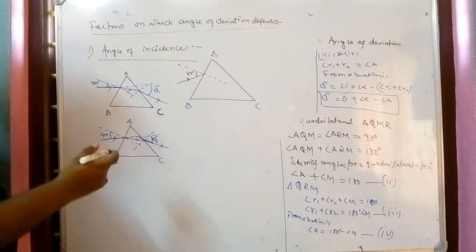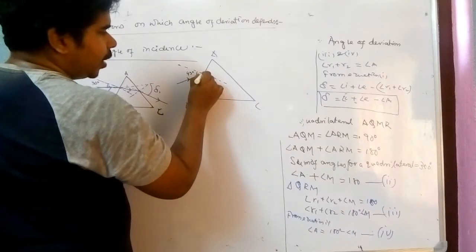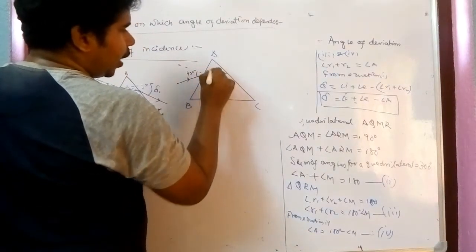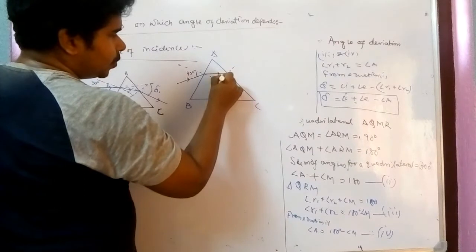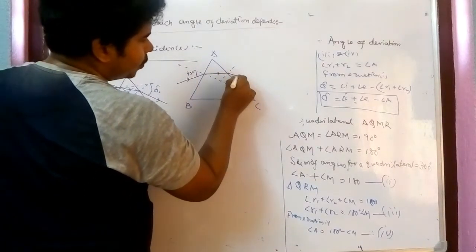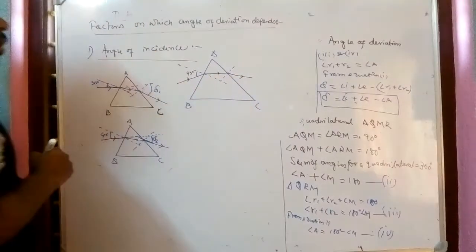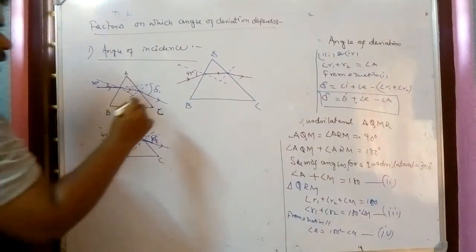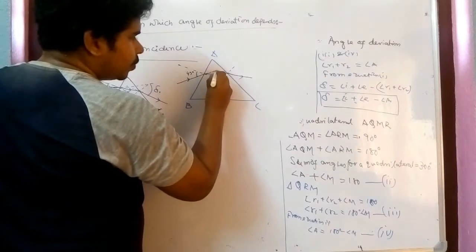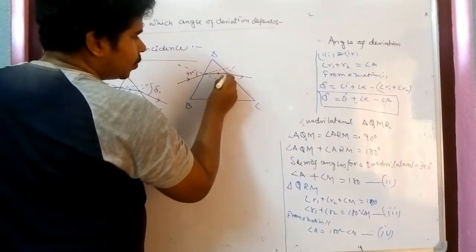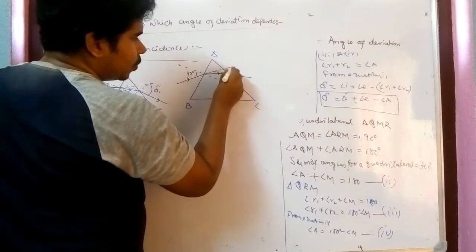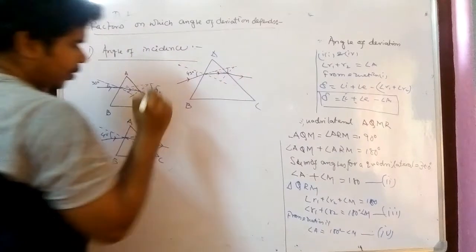That is our target. Then the light ray will bend, and after that, when it is incident here, it will go by this path. Now if I find the angle of deviation here, that is your angle of deviation.